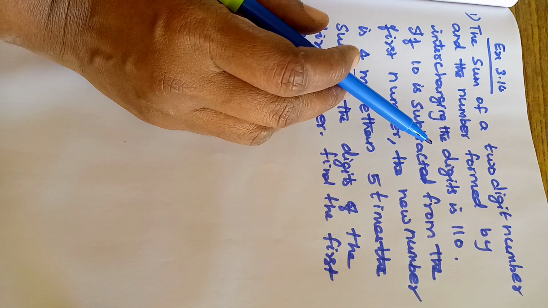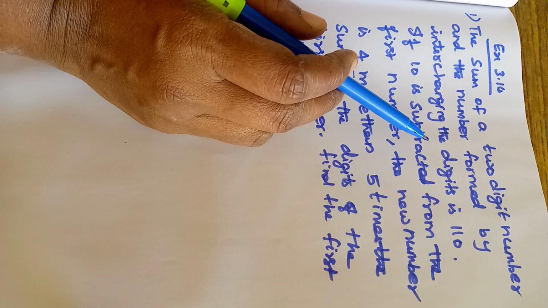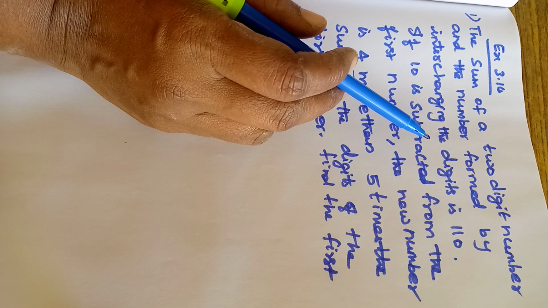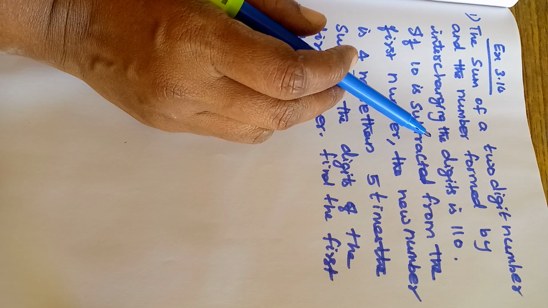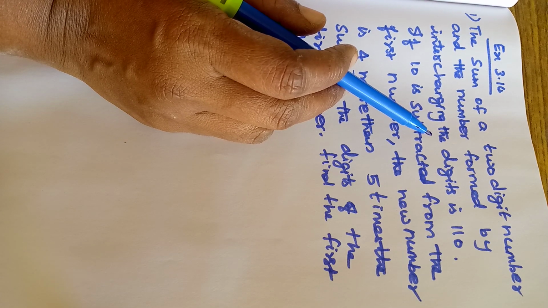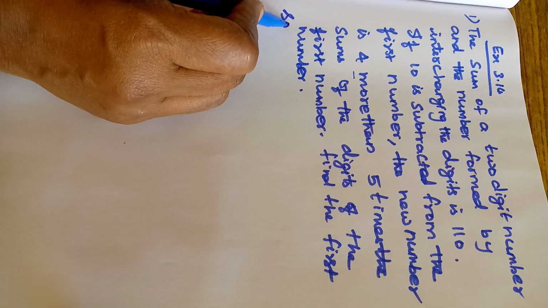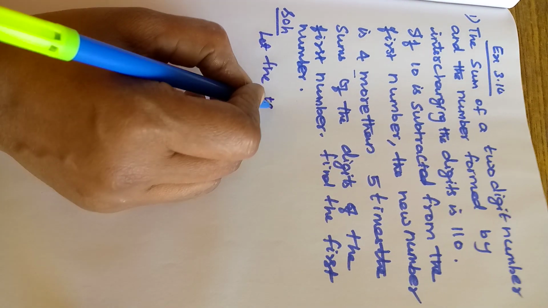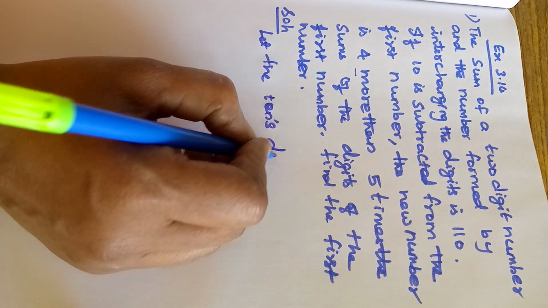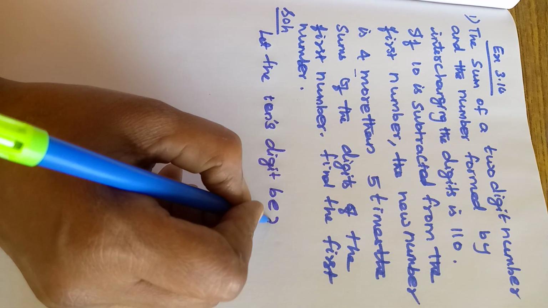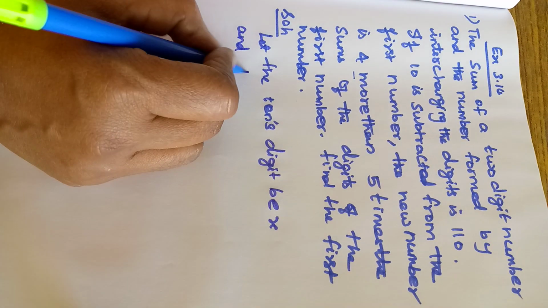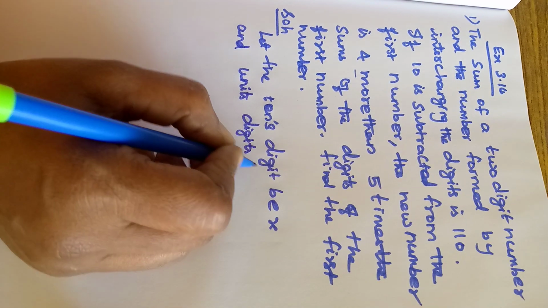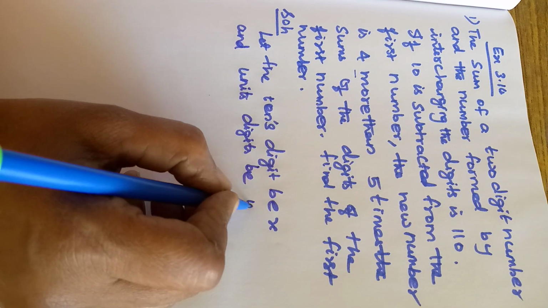So, let the tens digit be x and the unit digit be y. A two-digit number has a tens digit and a unit digit. Let the tens digit be x and units digit be y.